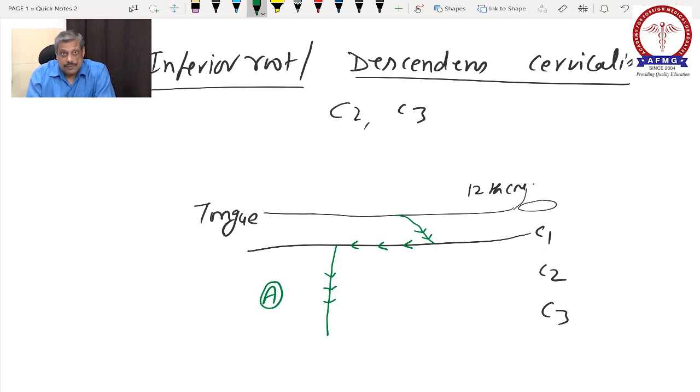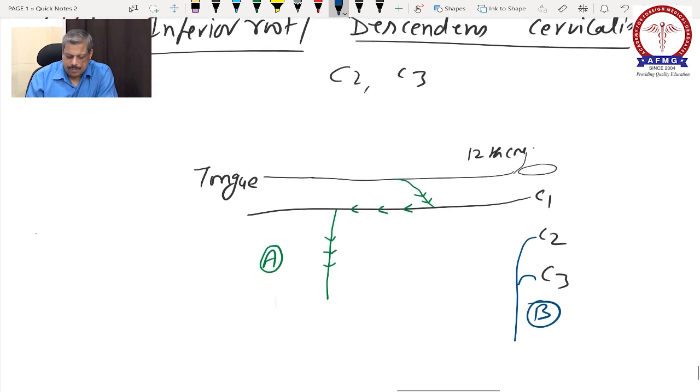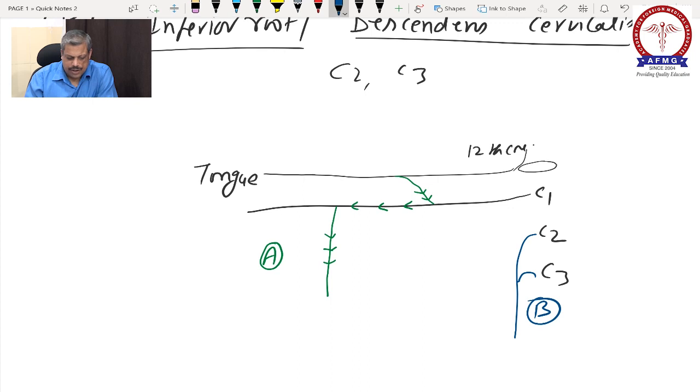This 12th cranial nerve gives a branch which unites with the C1 nerve, and these fibers of the 12th cranial nerve along with the fibers of the C1 come out as the superior root of ansa cervicalis. The fibers of C2 and C3 come out as the inferior root of ansa cervicalis, or the descendens cervicalis.